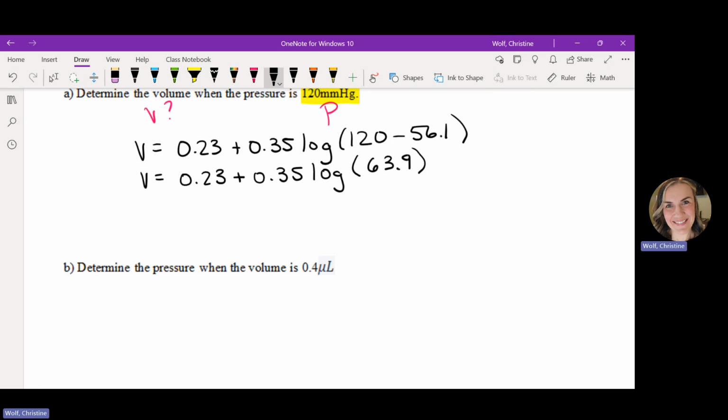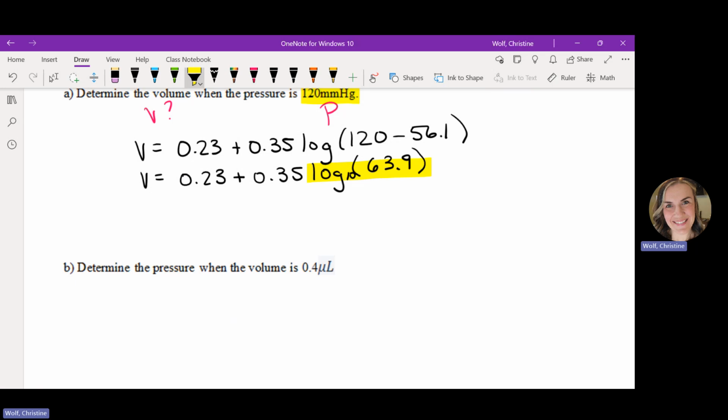Okay, here's where we can use our calculators. I want to figure out the answer to that. So that's asking you, 10 to the power of what gives you 63.9? We can't figure that out in our heads. 10 to the power of what is 63.9? I have no idea. So you take your calculator out. Your calculators are already in base 10.